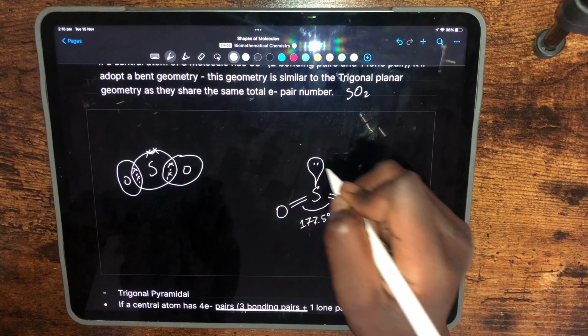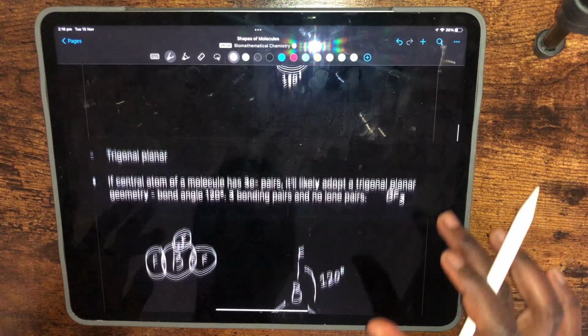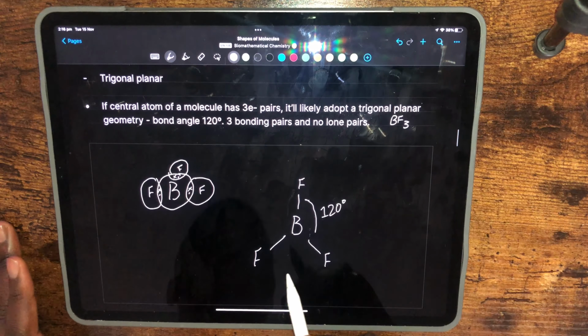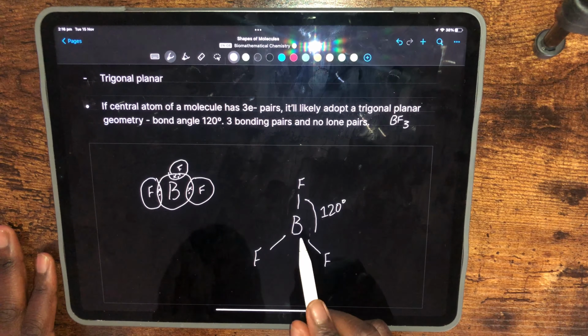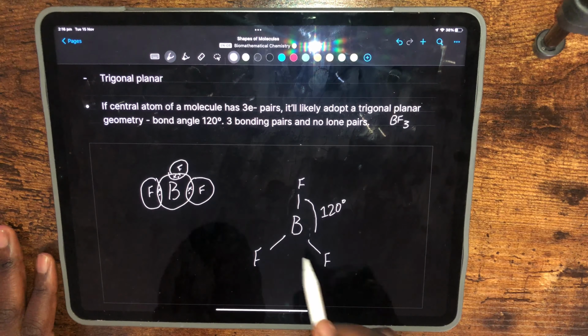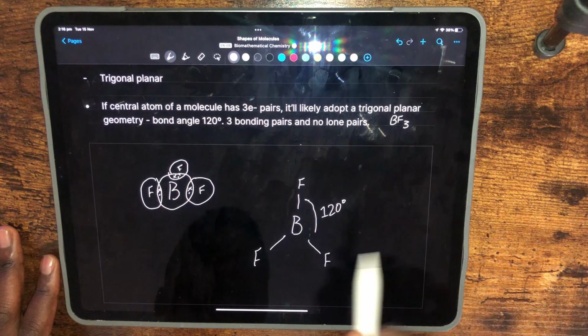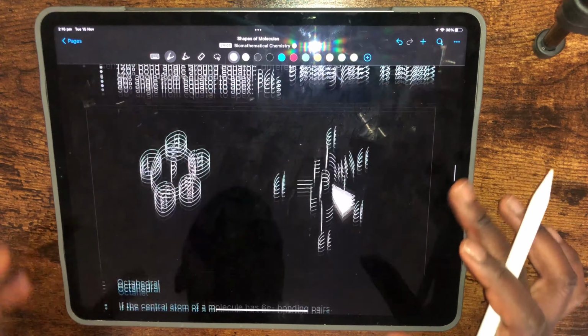But that lone pair has such strong repulsion. It has a repulsion that's kind of similar to trigonal planar, in terms of it has this kind of shape in a way. That's what I mean. So three electron pairs in total, kind of has a similar shape. But I'll show you another example to emphasize my point.